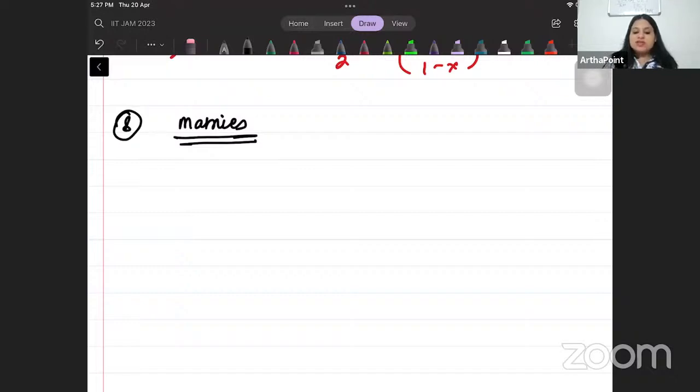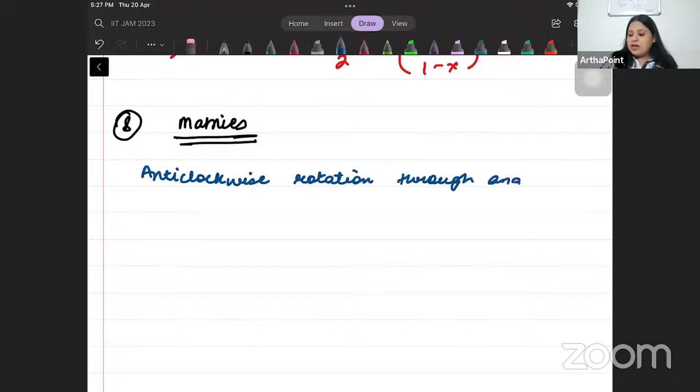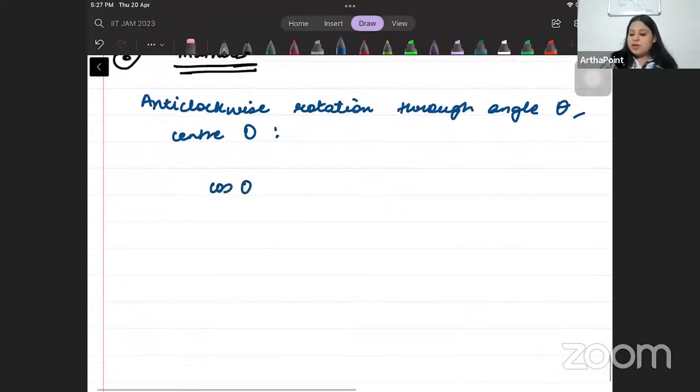In matrices, sometimes what will happen is, please write down, they will ask you something like anti-clockwise rotation through angle theta centered at O. In that case, the matrix that you will have will be cos theta, minus sin theta, sin theta, cos theta.